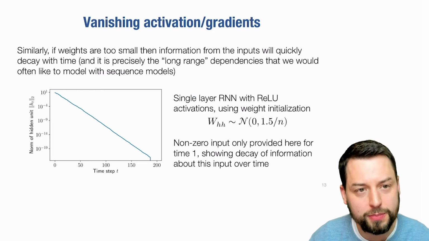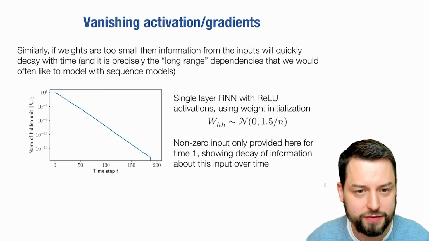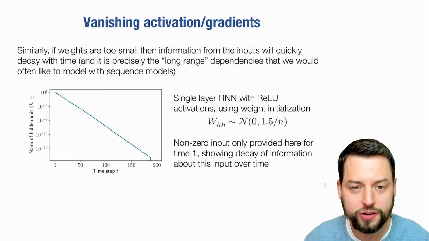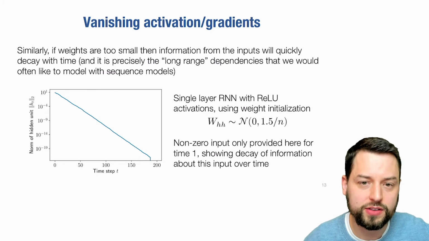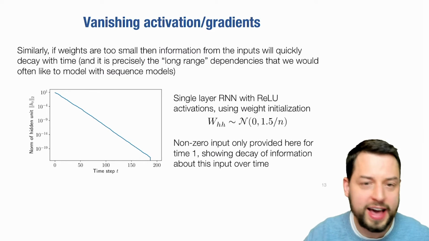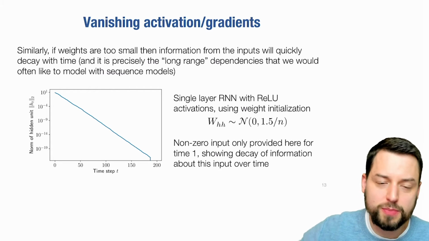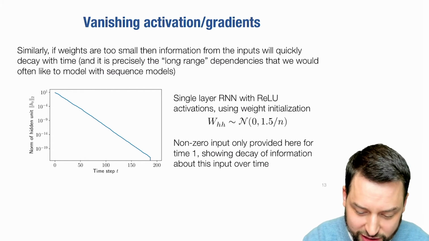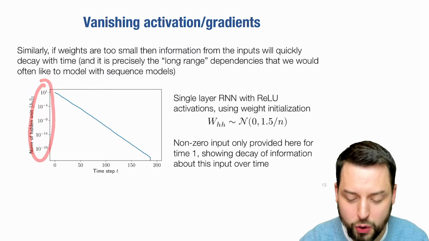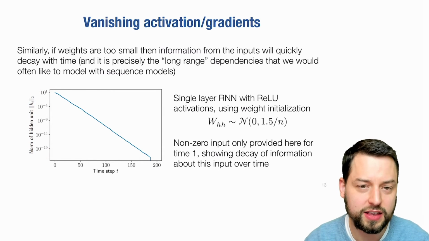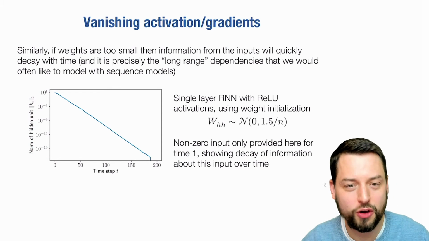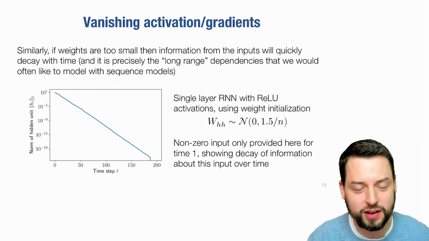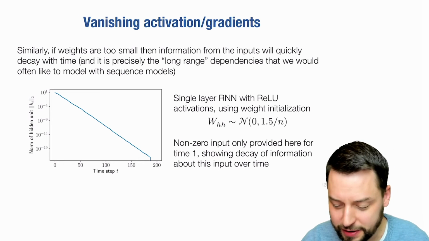And if your weights are too small, you have this problem called vanishing gradients or vanishing activations, which means basically that the influence of previous time points, x1 over x10, say, gets smaller and smaller and effectively vanishes. And this is a log scale here, so very quickly the dependency at point 1 will vanish, and there will be no real influence of your input at time 1 on the output here.